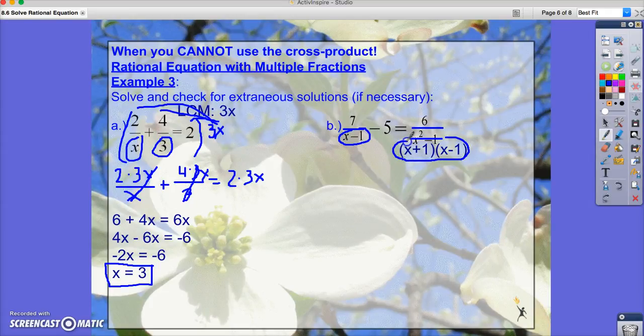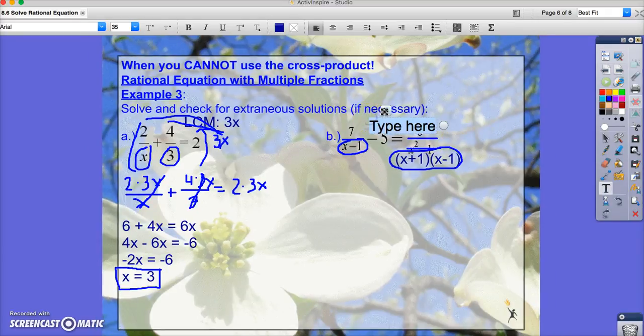My little denominators are where I determine the LCM. Think about what your LCM should be. It should be x minus 1, x plus 1. I only need one of each. I have one x plus 1, so I include that. I have one x minus 1 here and one x minus 1 here, so they only each have 1.